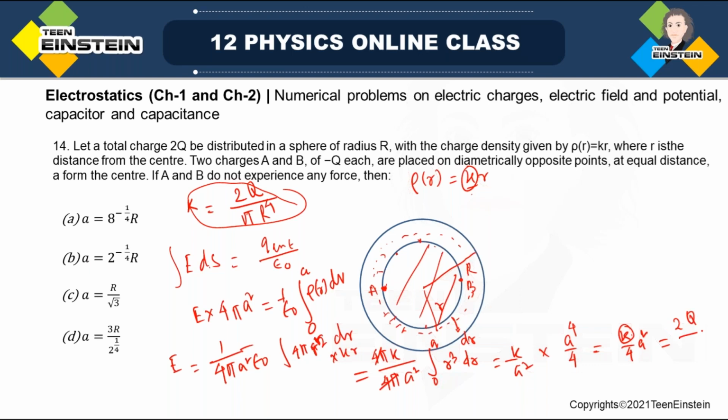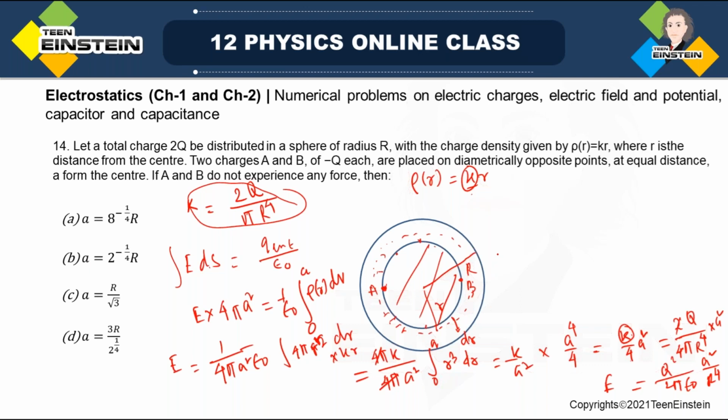So 2q by pi r to the power 4, and here there was a 4, here 4, and this is a square. So 2 goes up, so 2 pi. So you will get the electric field to be q by 2 pi, and here there was an epsilon naught obviously. So 2 pi epsilon naught, a square by r to the power 4.